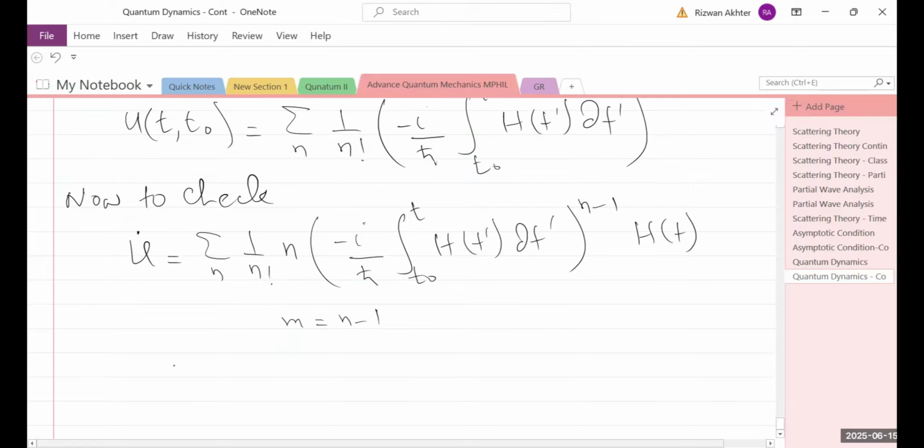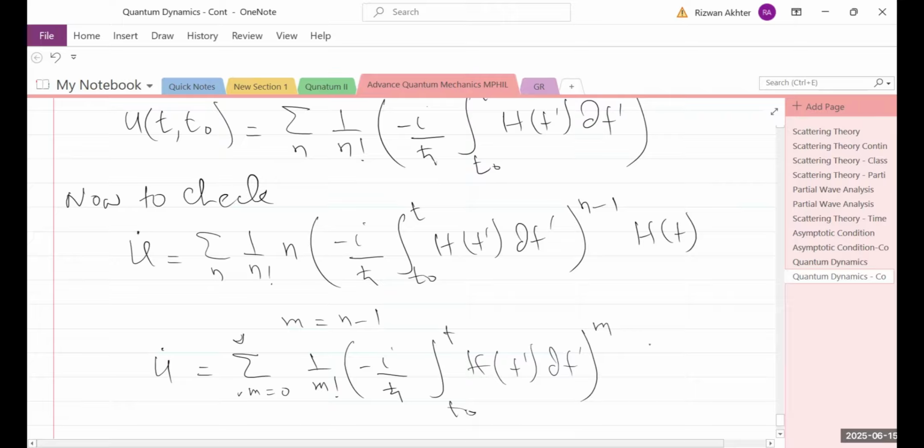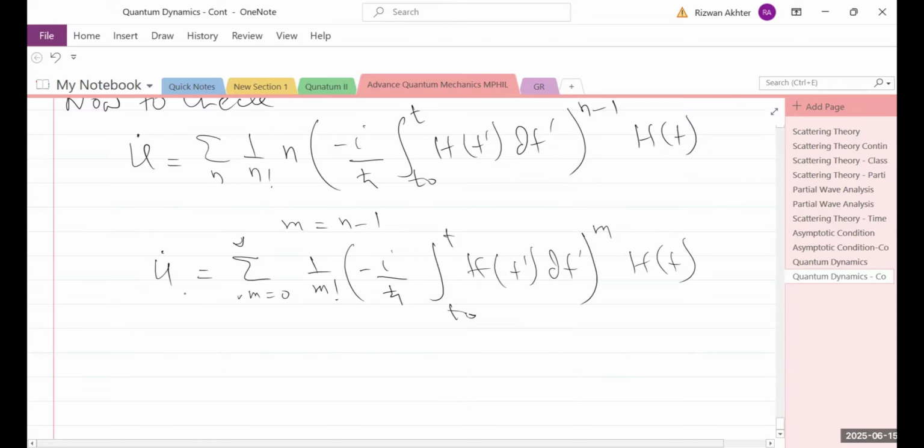So we would have u dot, which is equals to summation over, remember, वो उसी तरह से हम करेंगे, summation over m is equals to 0 to infinity, 1 upon m factorial, times minus iota over h bar, integral t naught to t, h of t prime dt prime, to the power m, h of t. और अगर हम इसको कंपेयर करें तो अगेन वी गेट, u dot is equals to h of t times u.